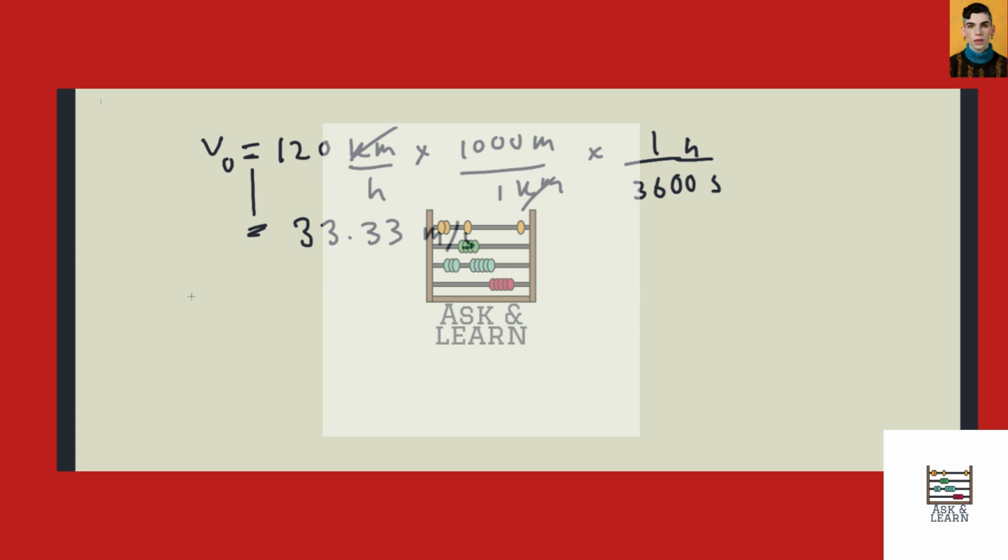Now, we want the volume of air that is brought to rest in 1 second, okay? So let's find the volume of air. We're given 2 dimensions: we have 45 meters and we have 65 meters, and we'll multiply that by 33.33 meters, because that will be the length for which the wind acts on the building in 1 second.